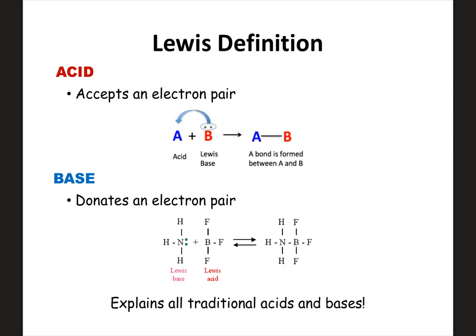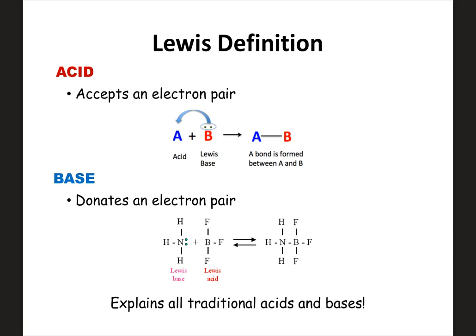We can now use the Lewis definition to explain all traditional acids and bases. According to the Lewis definition, an acid would accept an electron pair, and a base would donate an electron pair. Do I think you're going to think about all acids and bases in this way?